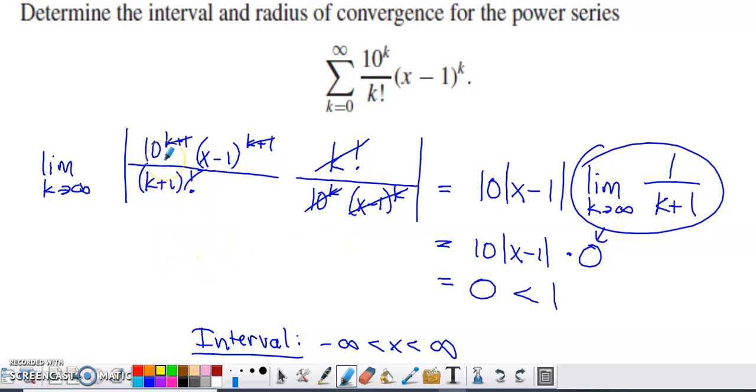So we'll deal with the 10s first. I have k plus 1 factors of 10 here, and I only have k factors of 10 here. I've got one extra factor of 10 in this numerator than I do in this denominator, so these all cancel with all but one of the 10s from that numerator. If we look at the factorial, this is k times k minus 1 times k minus 2, clear on down to times 3 times 2 times 1.